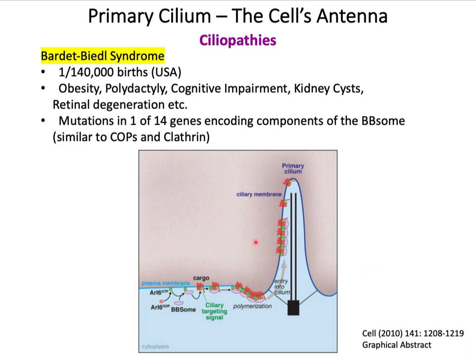Here you can see in red some kind of sensory receptor that is being delivered towards the tip of the primary cilium. You can see the cytosolic portion of the receptor interacting with the protein complex, the BBsome. It is the BBsome that participates in delivering those receptors to the surface of the cilium that can receive the signals.